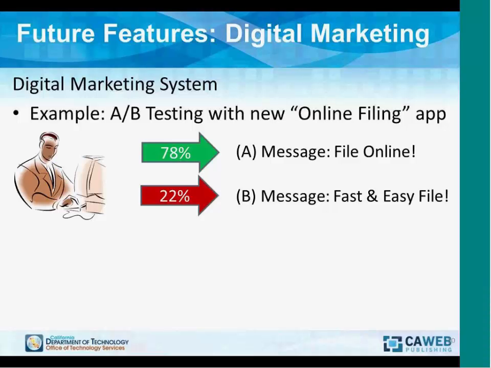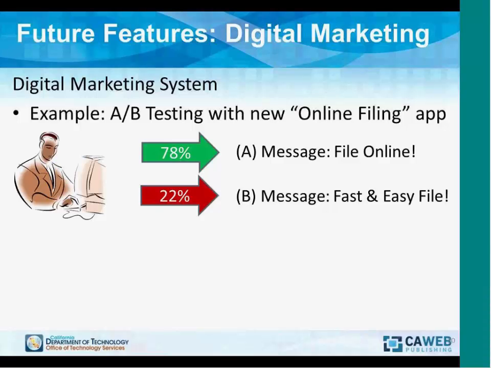So they're a professional using the site often. They're looking for something robust that has a lot of capabilities in it. And so they're not attracted to the message of fast and easy file. They're attracted to file online because they want something that's going to be more robust for all the needs that they're going to have.